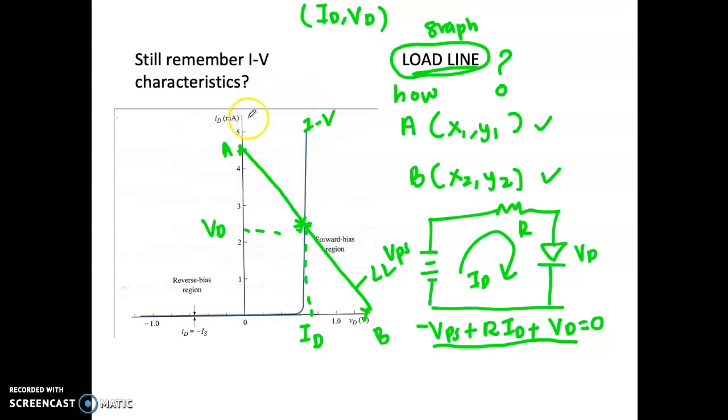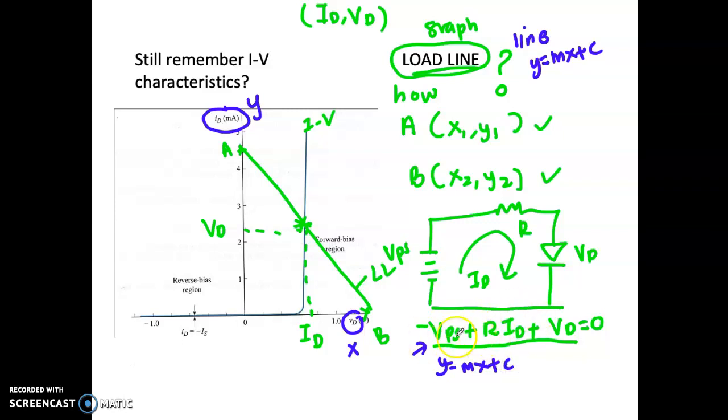Look back at the IV characteristic. For your IV characteristic here, this will be your Y and this will be your X. So you need to rearrange this equation into a line equation, because the green load line here is a line equation, Y equal mx plus c. You need to rearrange this KVL equation into Y equal mx plus c.